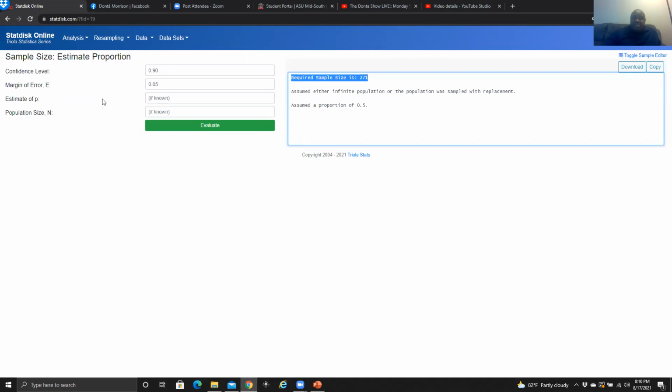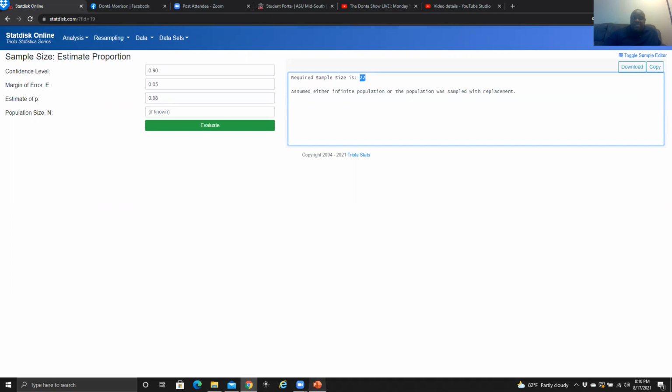But this time for the estimate of P, we know something about that. We know that 98% of computers use a new operating system. So 98% as a decimal will be 0.98. Population size N will remain blank. Now we click on Evaluate. So this time the required sample size has considerably dropped to 22.